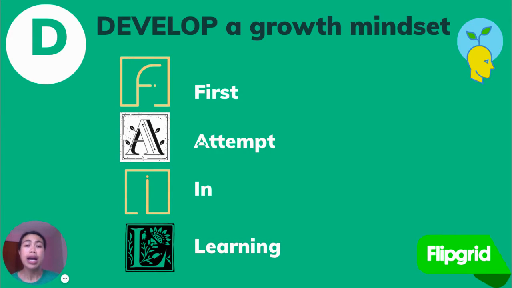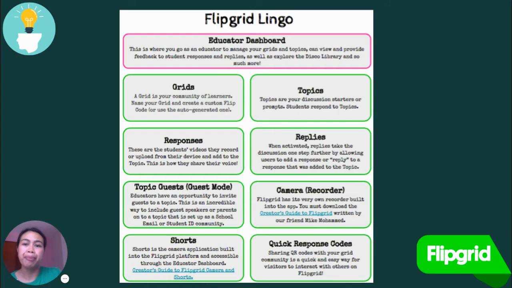Because in everything that we will experience in this new normal, we will be facing challenges, we will be facing setbacks, but we have to make our students understand that the first attempt in learning is normal. Failing is normal because it teaches us a lesson: what worked, what didn't work, what we should try next.